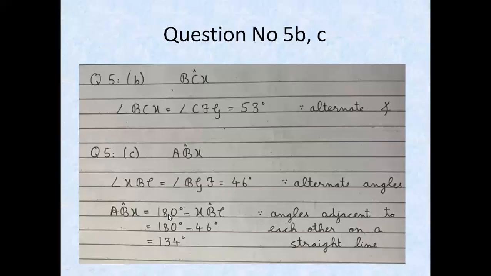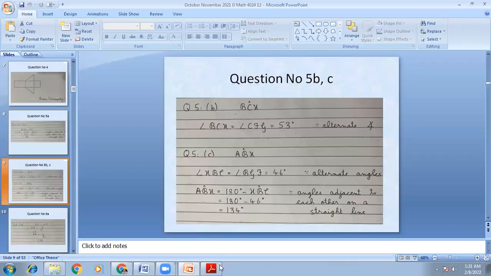So ABX will be equal to 180 minus 46, and that will be 134. Here we have used a little different technique, but that's very easy. Let me show you the technique used here.